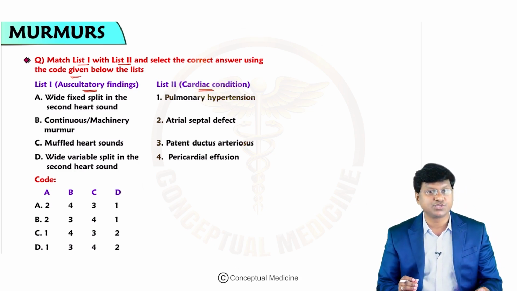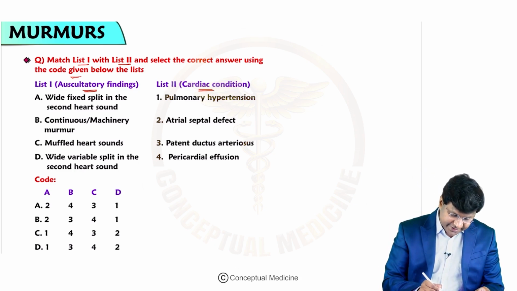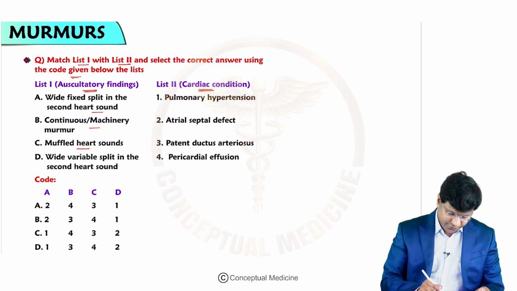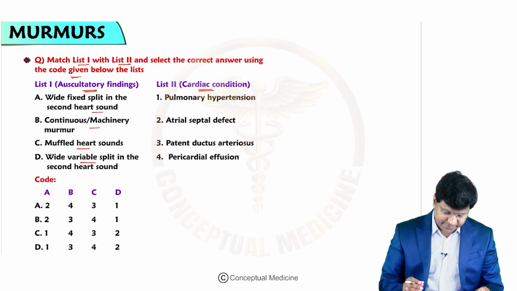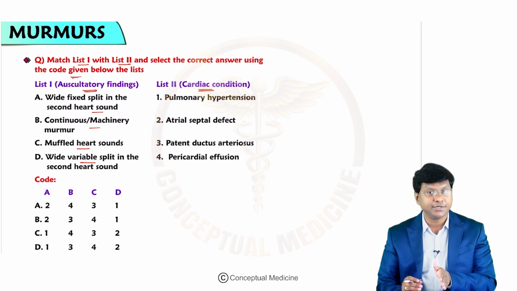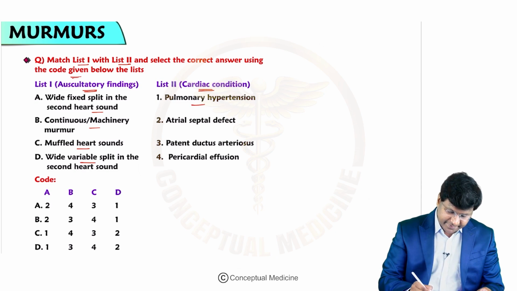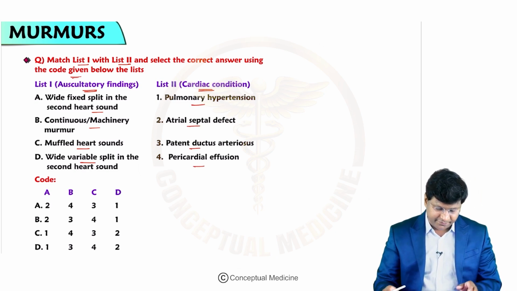So you take list 1: wide fixed split in second heart sound. Second option, continuous or machinery murmur. Third option, muffled heart sounds. Fourth option, wide variable split in the second heart sound. And you take the respective clinical conditions: pulmonary hypertension, atrial septal defect, patent ductus arteriosus, pericardial effusion.